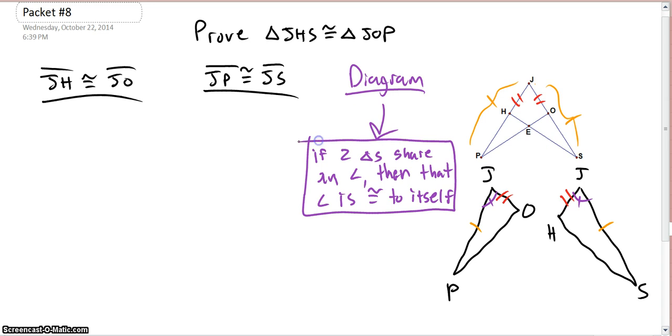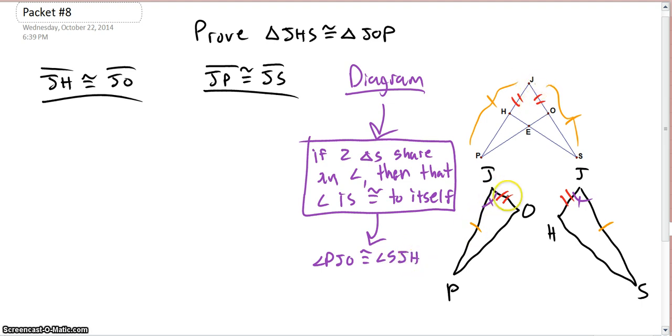And that is a general property in a box, and out comes a specific statement that we could say: angle PJO is congruent to angle SJH, which is really just angle J being congruent to angle J itself here.